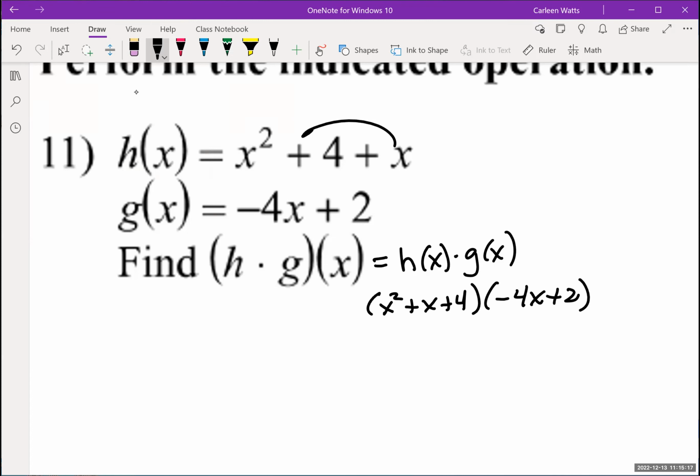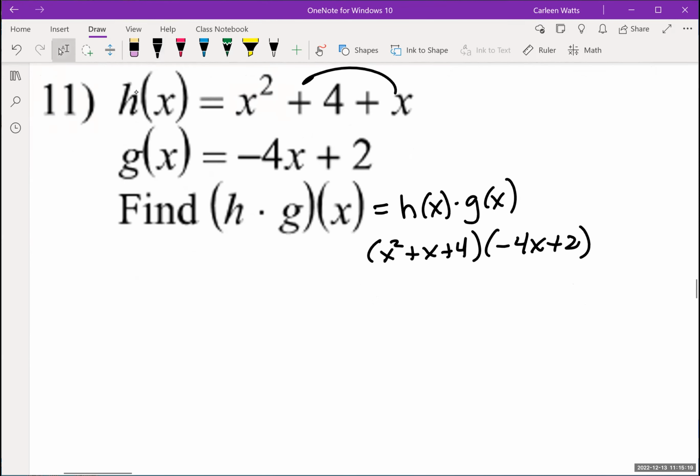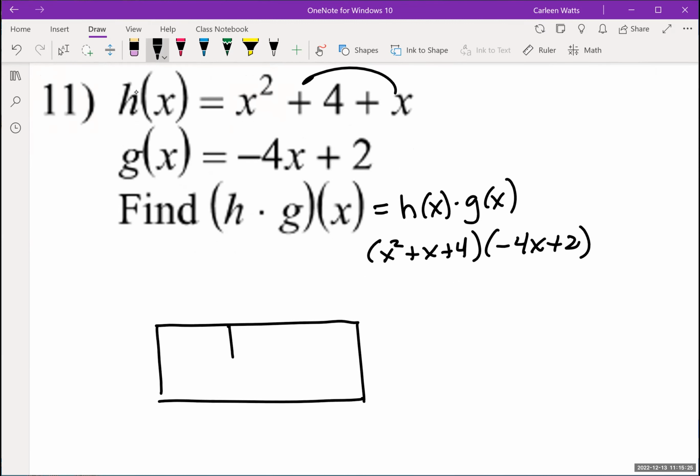That means we're going to need to make a box. 3 in one direction, 2 in the other direction. So we have negative 4X plus 2 and X squared plus X plus 4.